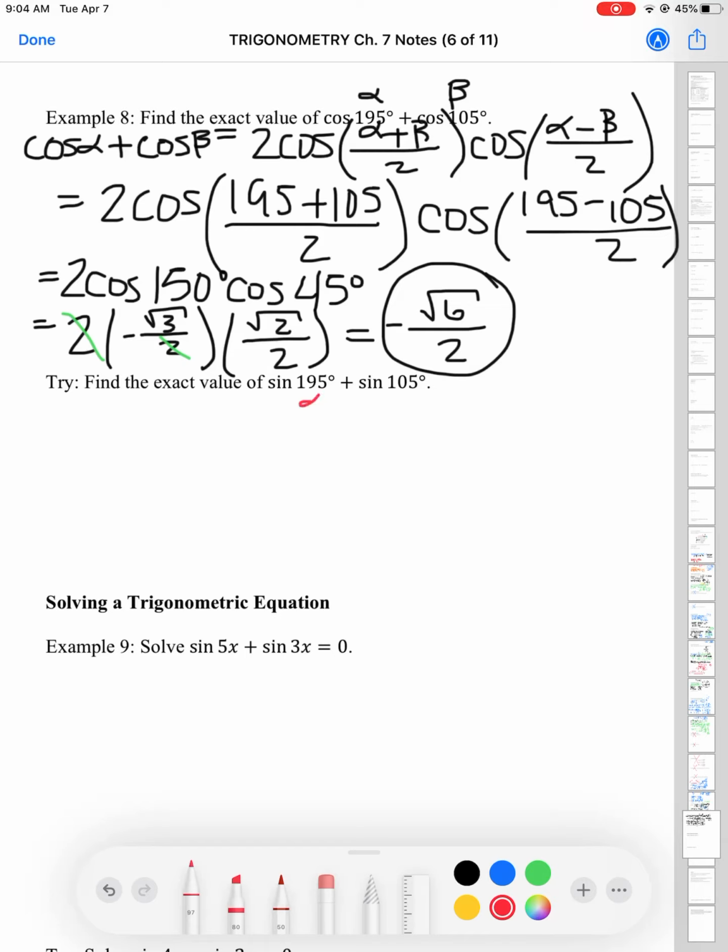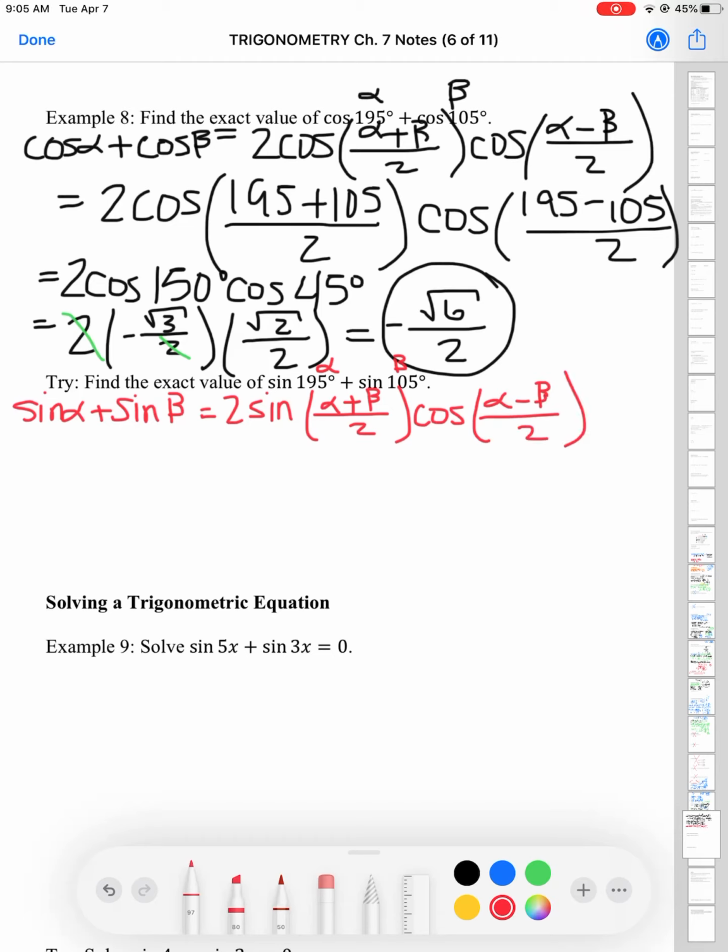Again, 195 is going to be your alpha. 105 is going to be your beta. But this time it's sine alpha plus sine beta, which is the formula on the top page: 2 sine alpha plus beta divided by 2 times cosine alpha minus beta divided by 2.